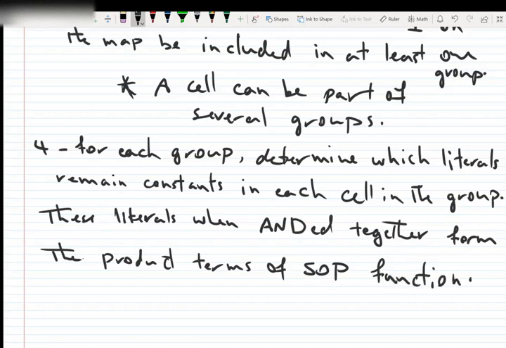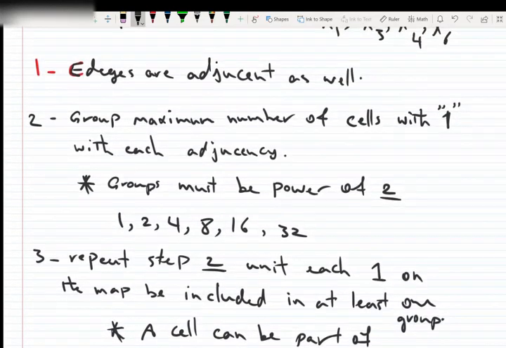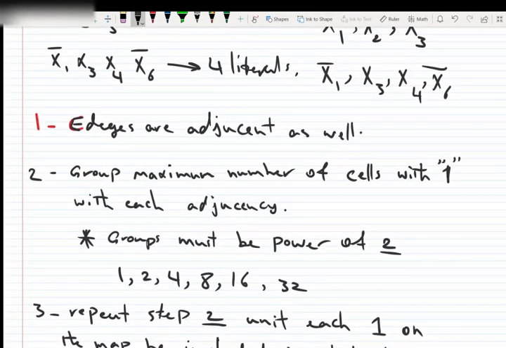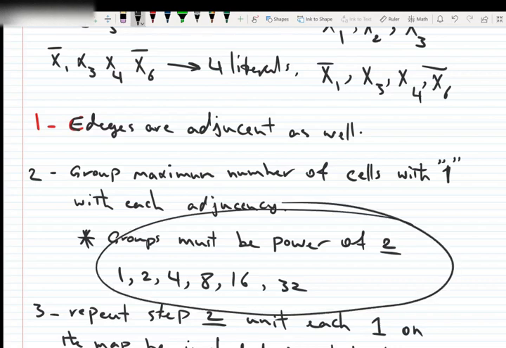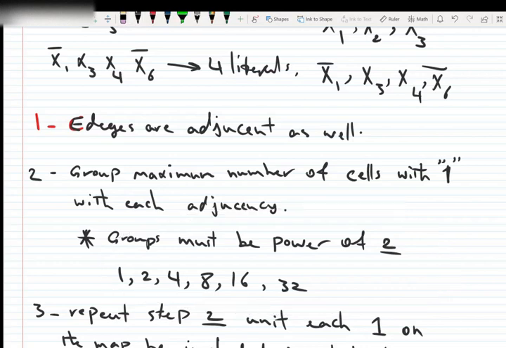Okay, it might seem a little complicated, so let's just review. The first thing I said is that edges are also adjacent. We identify groups of ones. We try to find the biggest groups, which have as many ones as possible inside the group. We should notice that those groups must be a power of 2. The number of cells with one should be a power of 2.